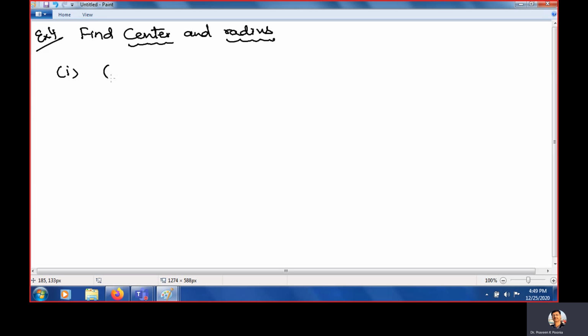The equation is (x minus 8) whole square plus (y minus 2) whole square is equal to, let us say, 36. Clear? You need to write it in standard form. You need to write this in square. So 36 is 6 square.